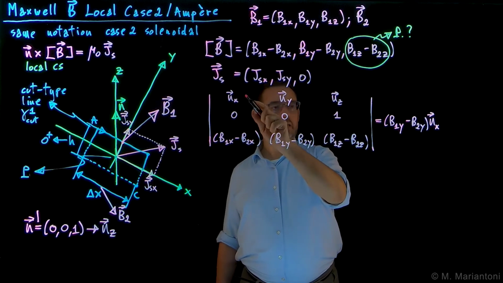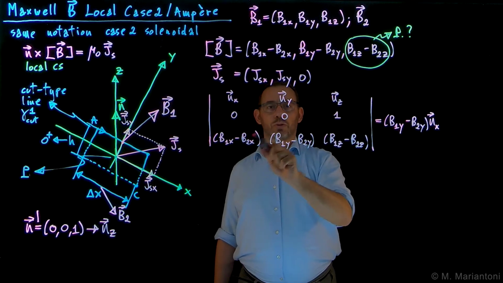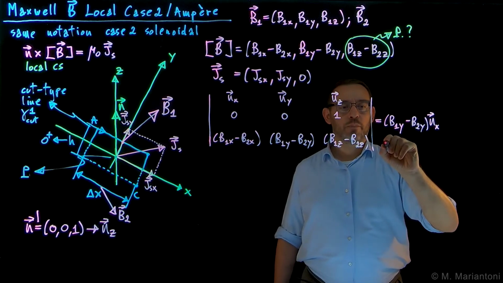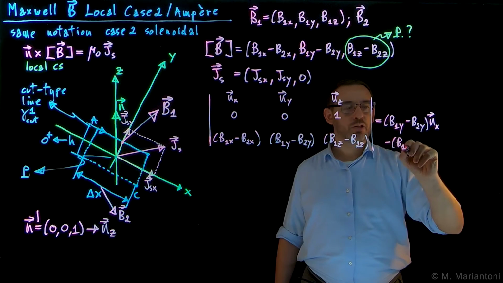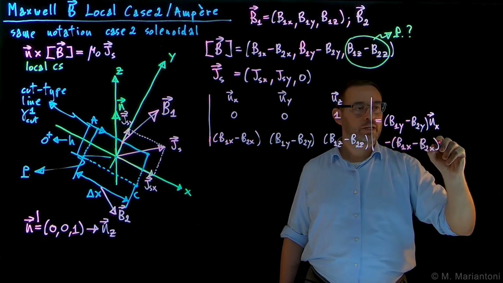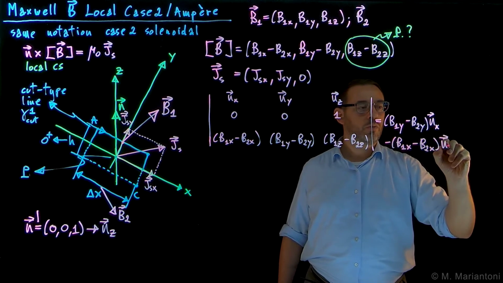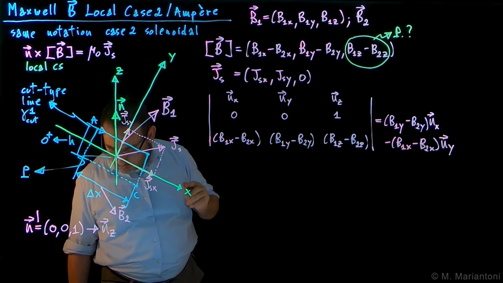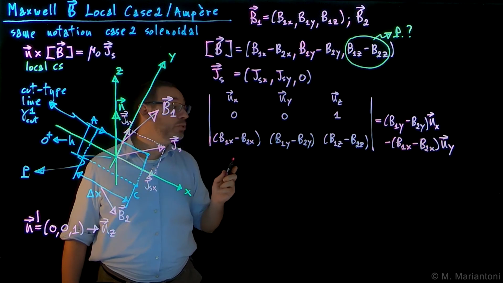So the first one was the x components, and we have done it with x. So now we do the y components, but with a minus sign. So we have a minus b1x minus b2x times uy. And let me confirm that I'm not doing this wrong. So the y gets a minus sign.